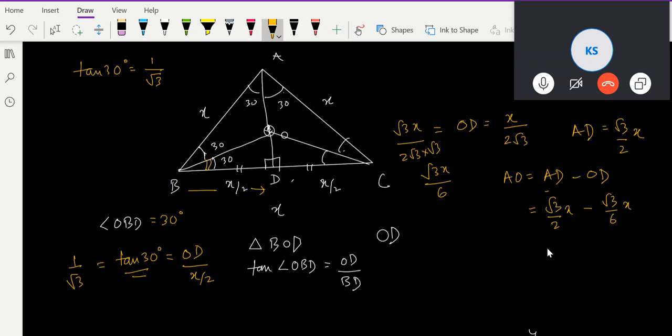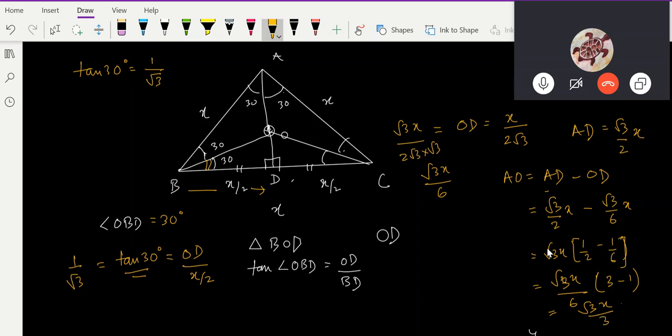So this is root 3x into half minus 1/6, that is root 3x by 6 into 3 minus 1, correct? So this is root 3x by 3 or x by root 3.